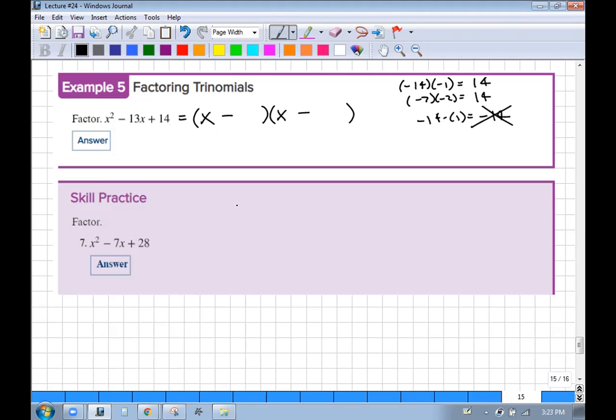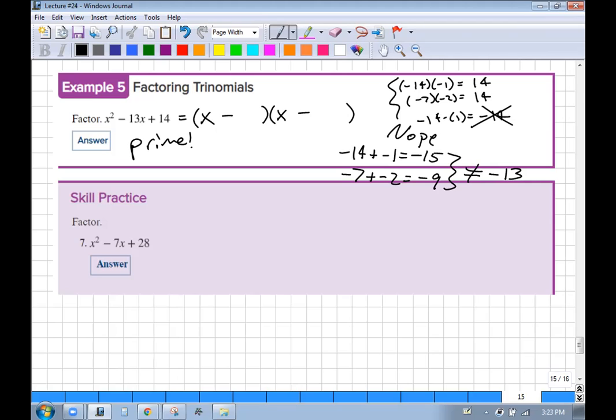See what I mean? They make it look like, oh, that looks factorable because you see 14 and 1, but it doesn't work out. Nope. Because negative 14 plus a negative 1 is negative 15, and negative 7 plus a negative 2 is negative 9. And neither of these is equal to negative 13, which is what we need. So this is prime. Does that make sense?